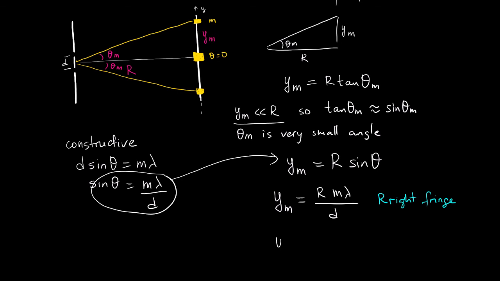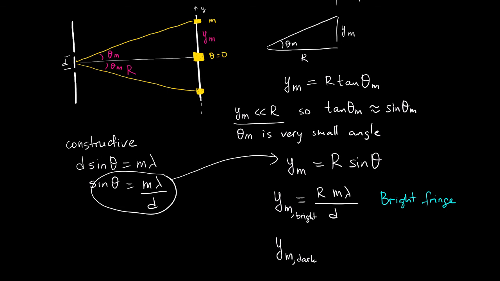Similarly, I can find ym for the dark fringe. Allow me to write here dark and add bright in here. Did I write it right? It's supposed to be bright, not dark. That's funny. So let me just write it in here as well, bright.